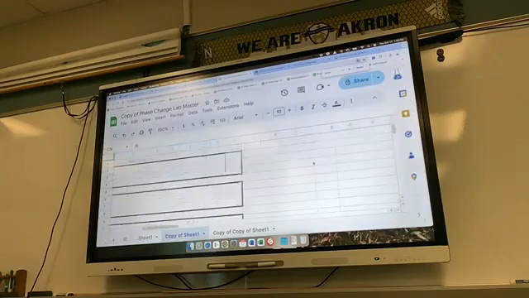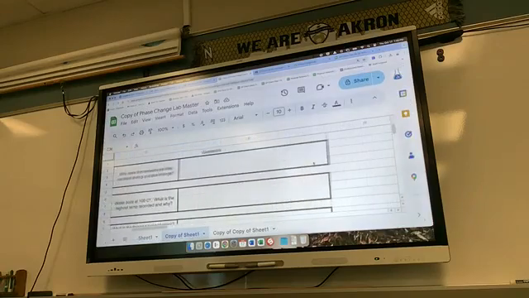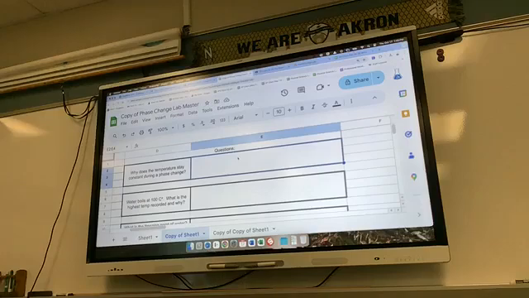Should we just do them together? Okay, let's just do them together. Here we go. Why does temperature stay the same during a phase change? We talked about this on our 2-column notes. Why does temperature stay the same? Anybody?